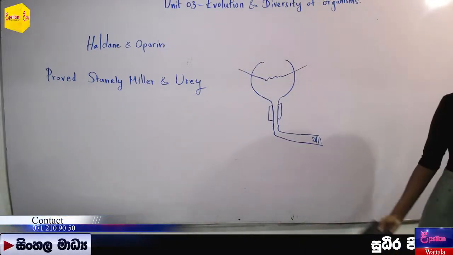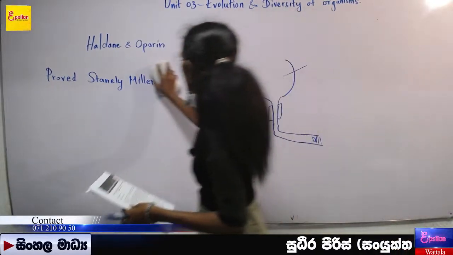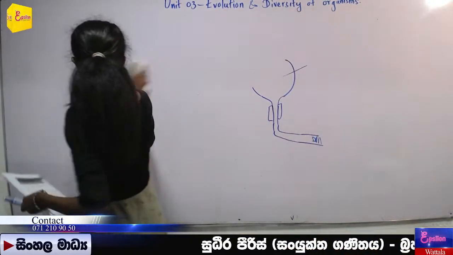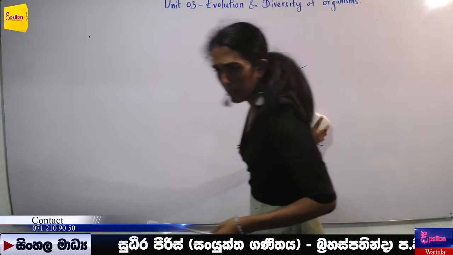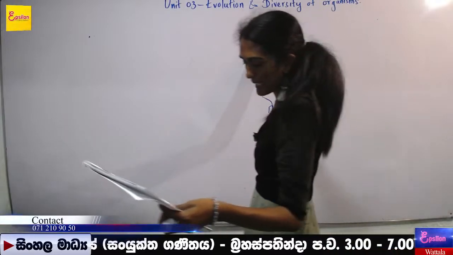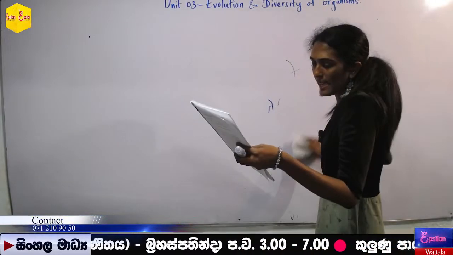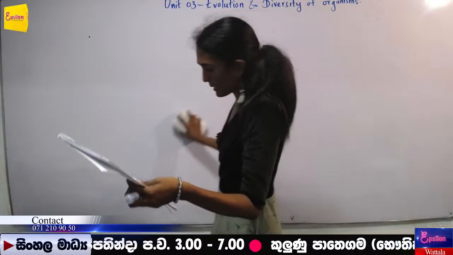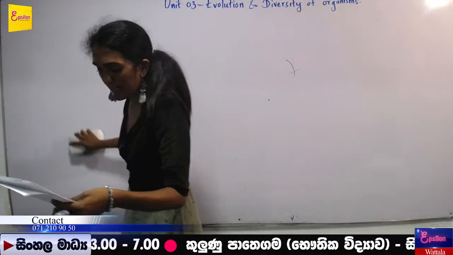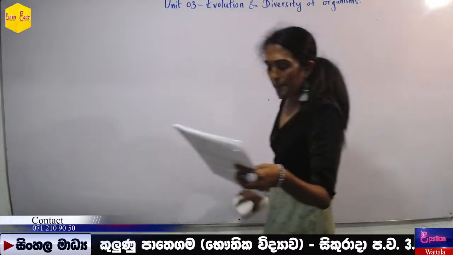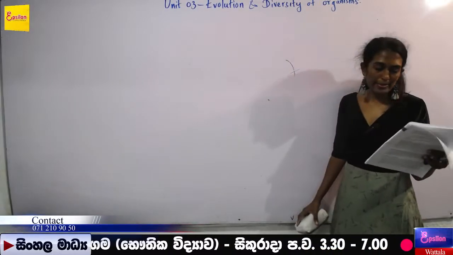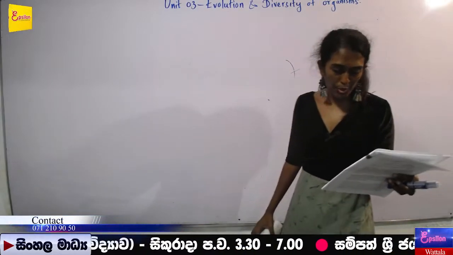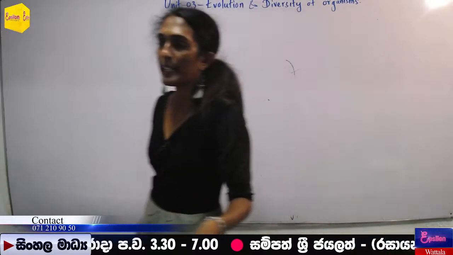As we discussed before, in the atmosphere, these gases are reacting to form small organic compounds. That's what is explained in the first sentence. There it says, atmospheric conditions of early Earth facilitated the abiotic synthesis of small organic molecules such as amino acids and nitrogenous bases from inorganic molecules.